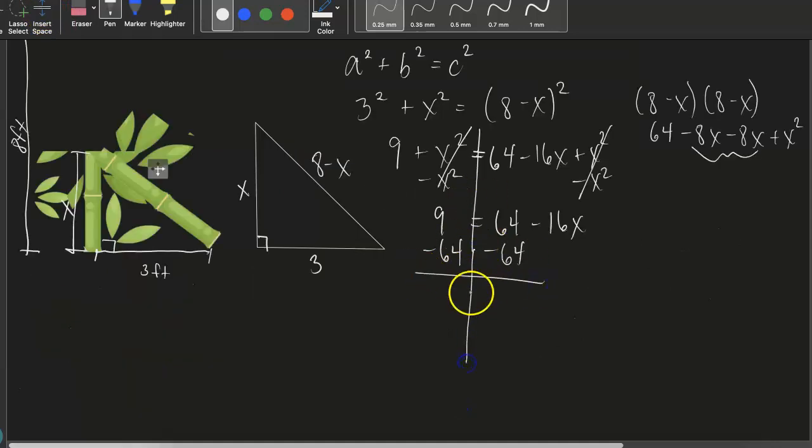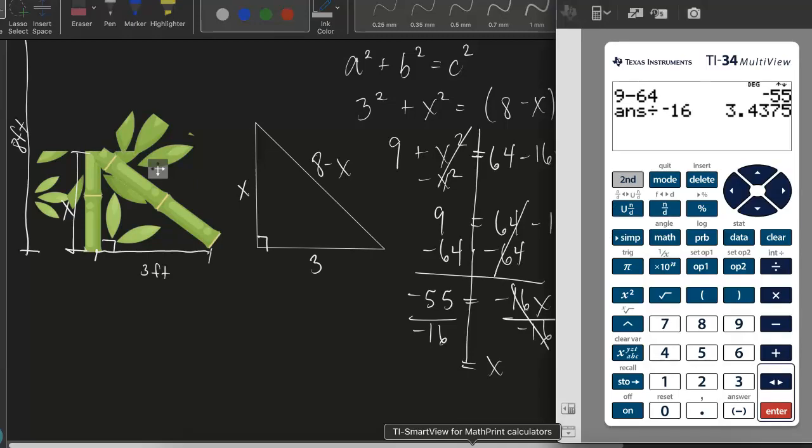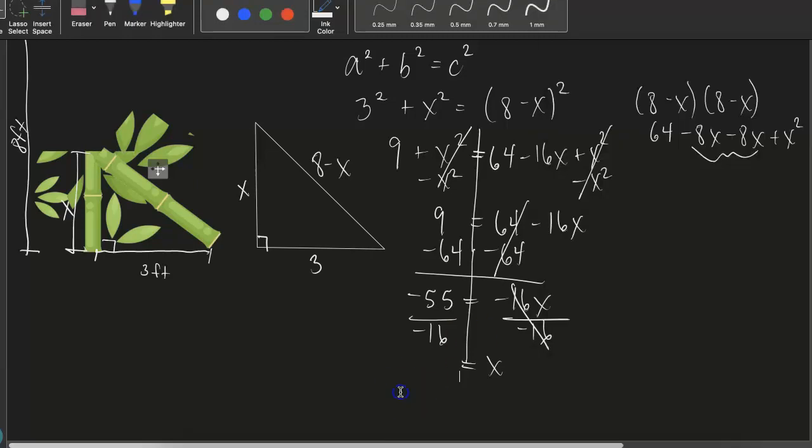I have negative 55 equals negative 16x. Last step is to divide by negative 16. And we end up with x equals 3.4375.